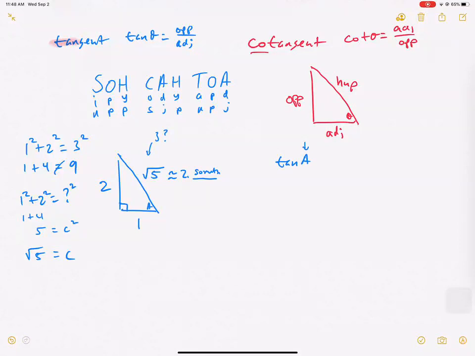If I look at A, the opposite of A is 2, the adjacent of A, right next to it, is 1, and the hypotenuse is square root of 5. So we're just going to copy that out. It's opposite over adjacent, so opposite is 2 over 1. Done.